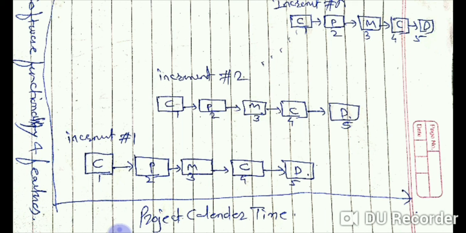Whatever the priorities come first, they develop in increment 1. Later they go for increment 2, then increment 3, and this continues till the delivery of the perfect project. So these are the characteristics.